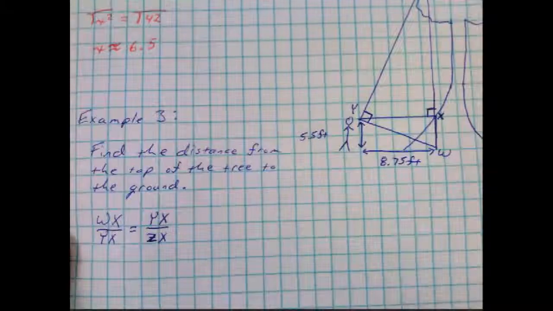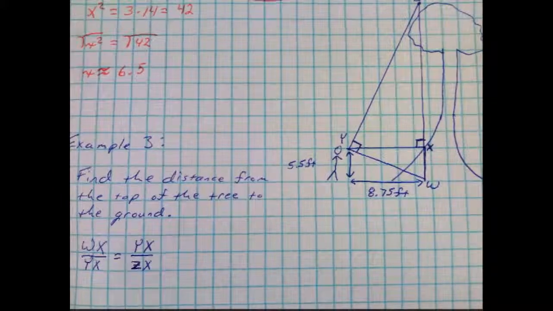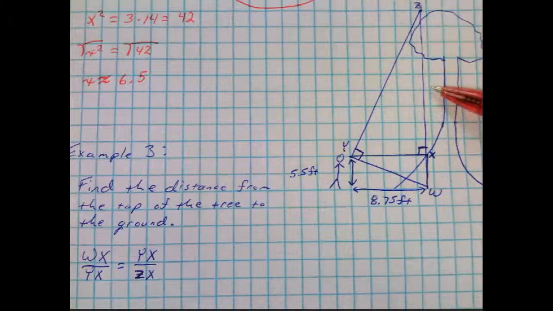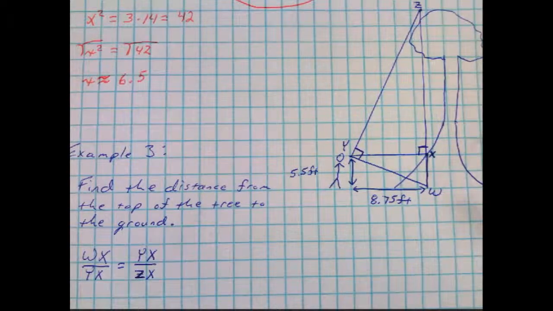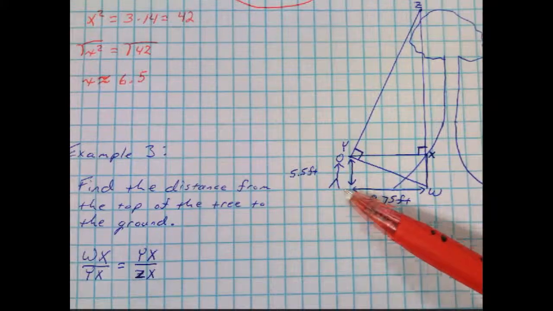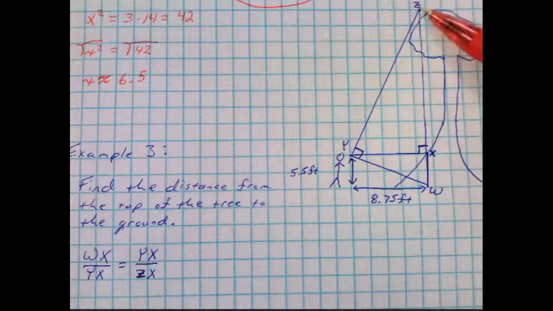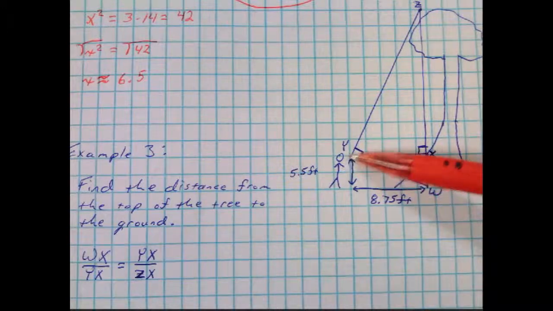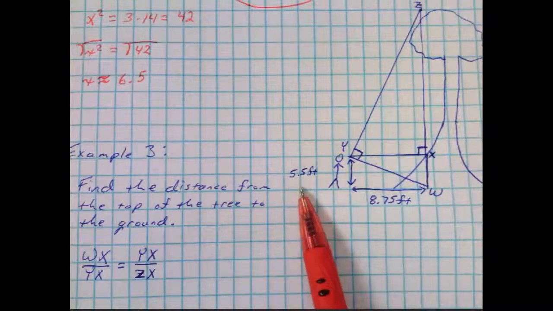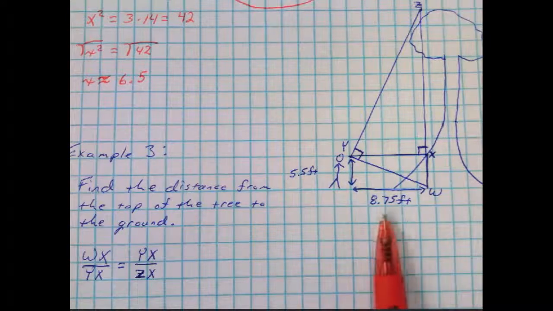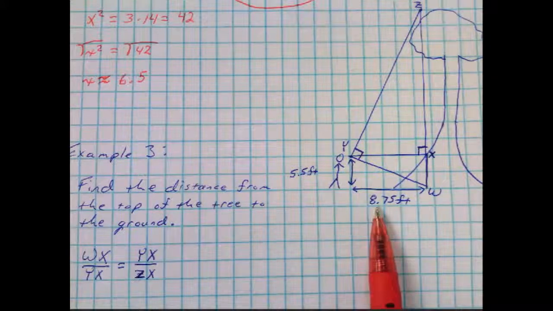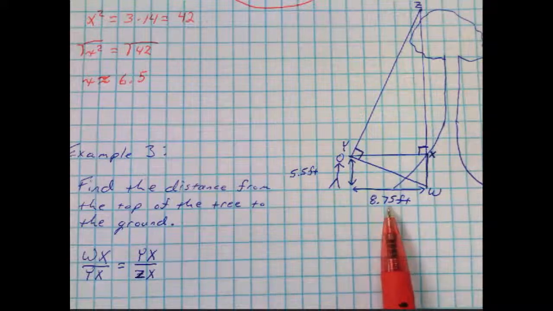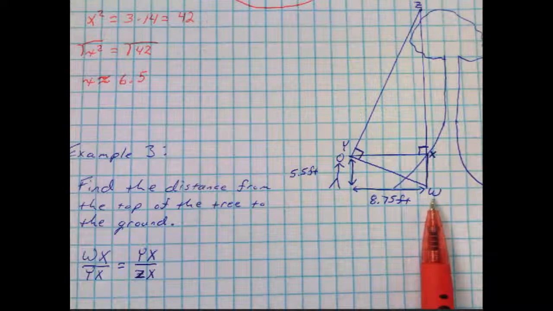This is example 3. So for this one, I drew this picture of a tree over here. I have this person standing down here, and he's looking up to the top of the tree, which is Z. He is 5.5 feet tall, and he's standing 8 3/4 feet, so 8.75 feet, from the base of the tree.